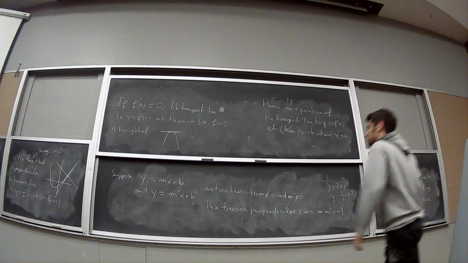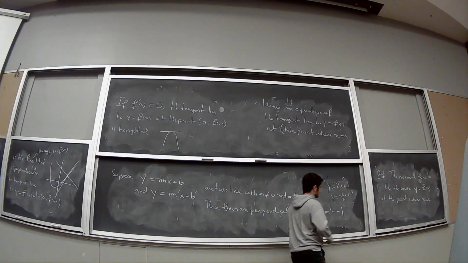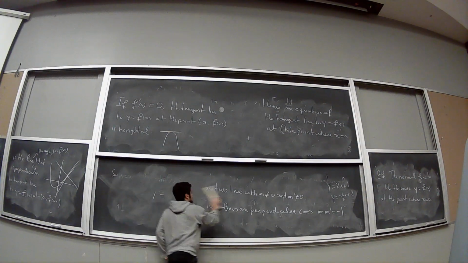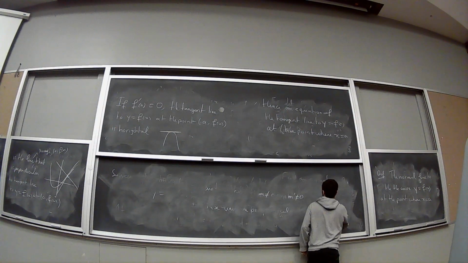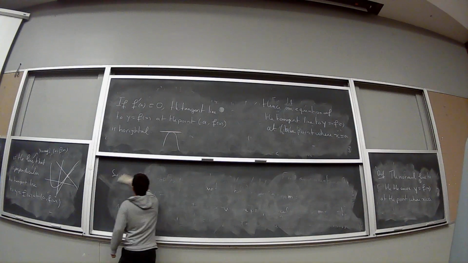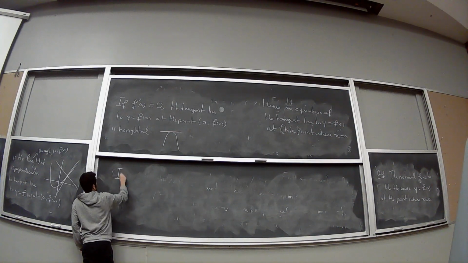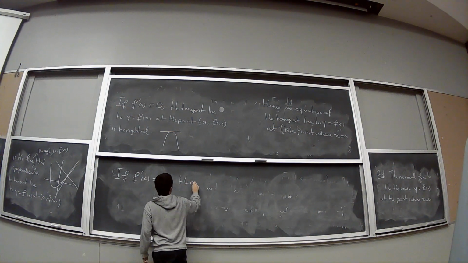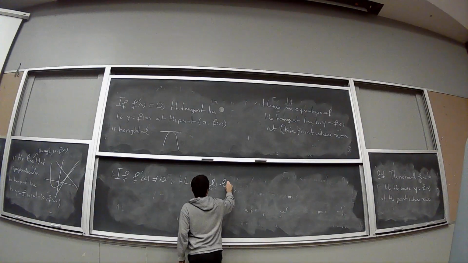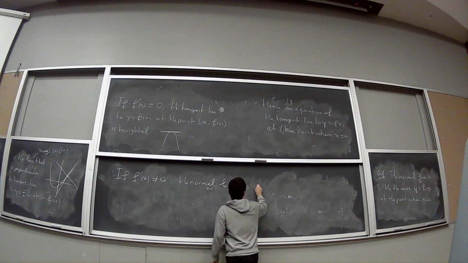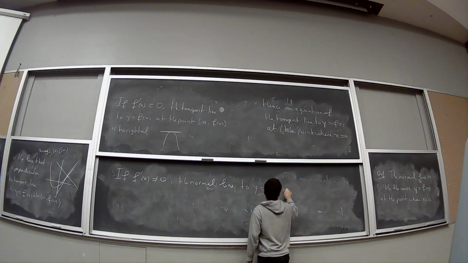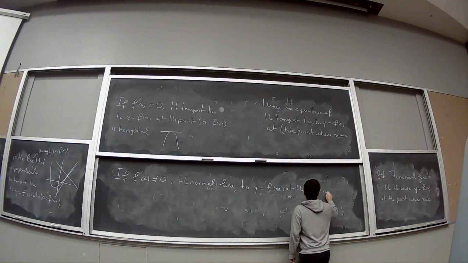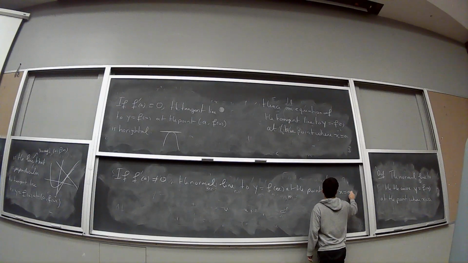Okay. Now let us try to derive an equation of the normal line. If f prime of a is non-zero, the normal line to y equal f of x at the point where x equals a.